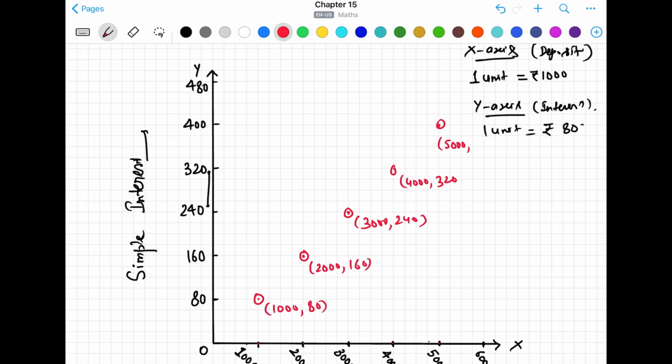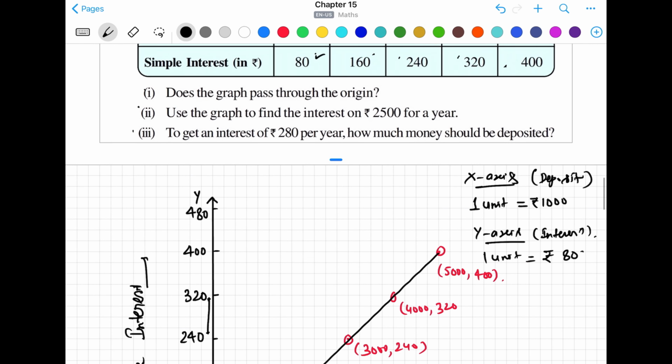And for 5000 rupees, interest is 400 rupees. Now let's join these points. We'll get a straight line like this.